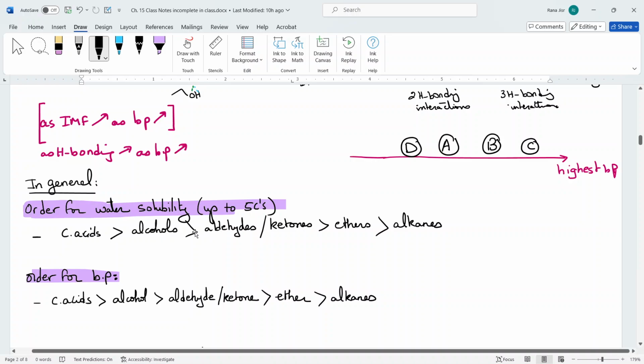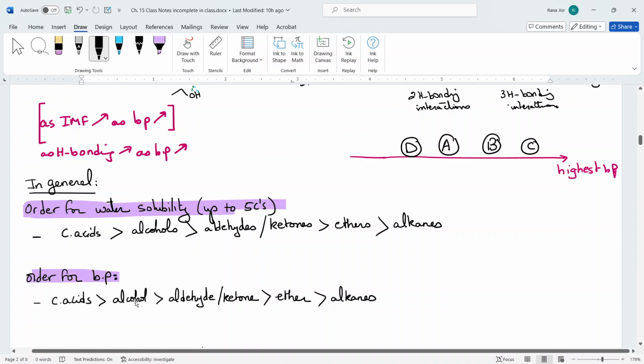Now, if we want to include the aldehydes and the ketones, this is the trend for the solubility up to 5 carbons, and this is the trend for the boiling point. For the boiling point it doesn't matter the number of carbons, but for the solubility you have to stick to the 5 carbons. So the acid is always the most soluble, and then the alcohol, which makes sense because of hydrogen bonding. Same thing for the boiling point.